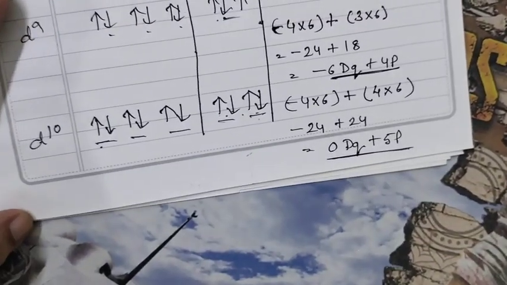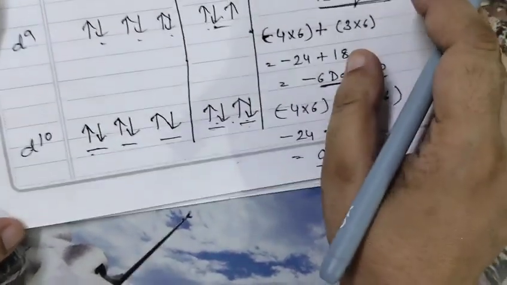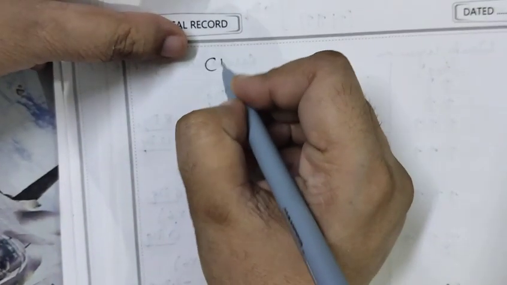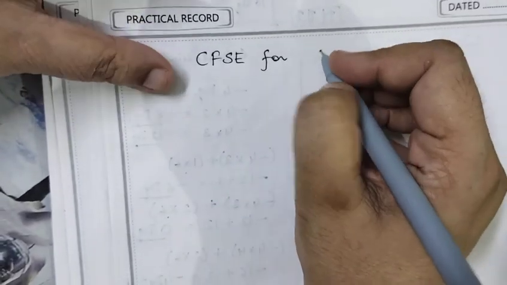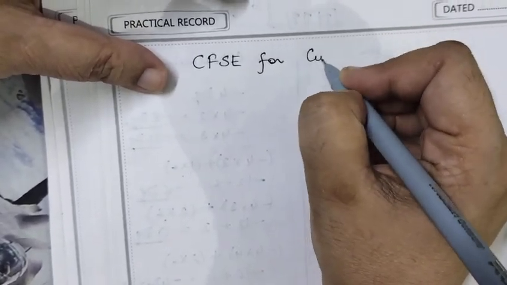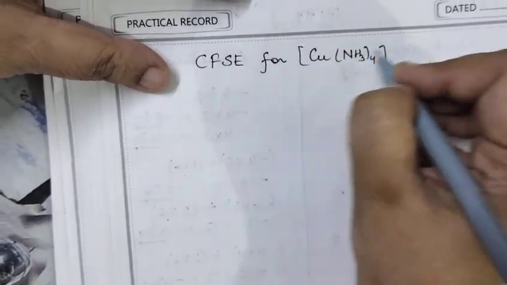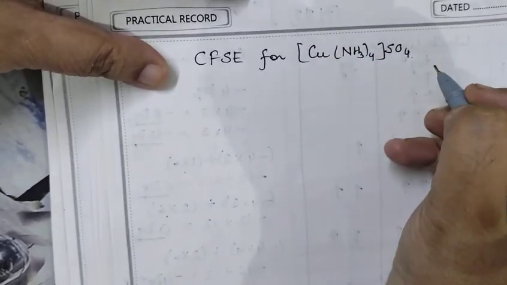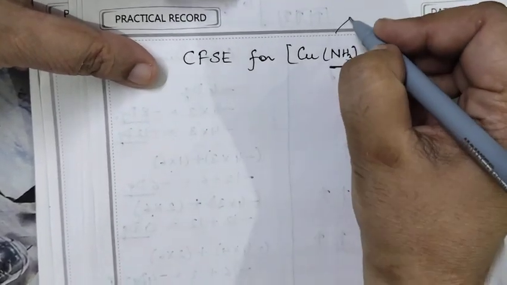This way we calculate crystal field stabilization energy. You can be given any question to calculate like this. Calculate the CFSE for, say, the complex Cu(NH3)4 SO4. Now remember, NH3 is a strong ligand.